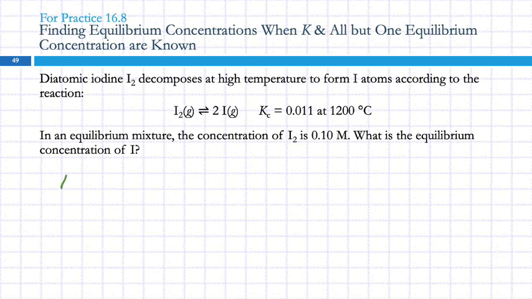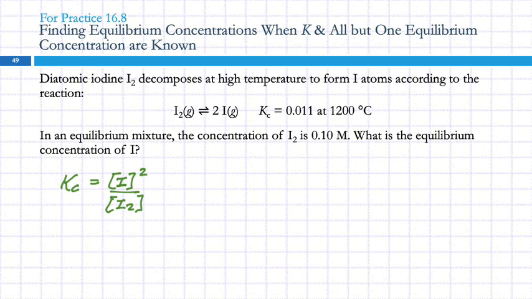So we write the equilibrium constant expression, and that's going to be I squared over I2. And we know what K is, and we know what I2 is, and so there's only one variable.